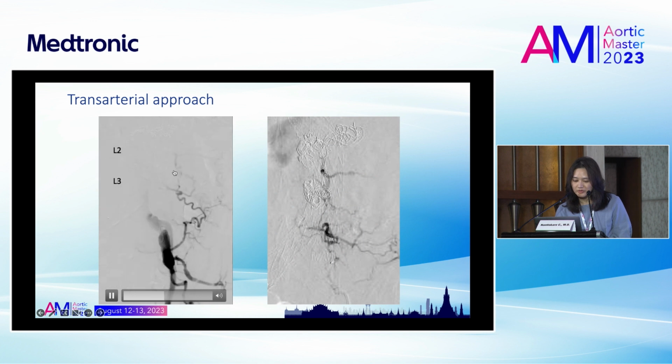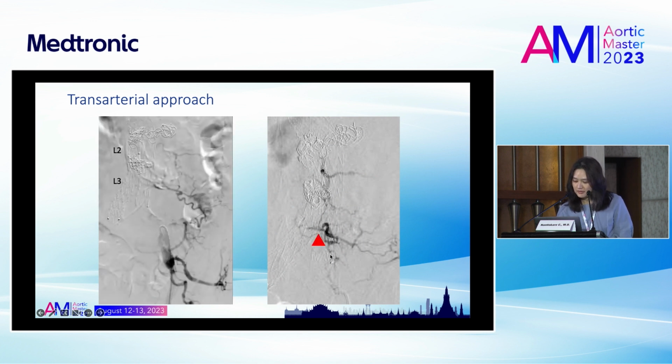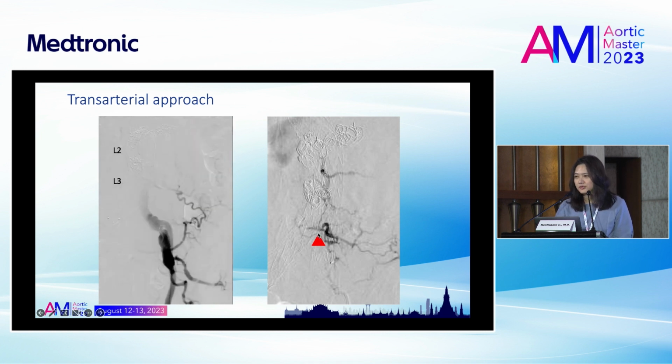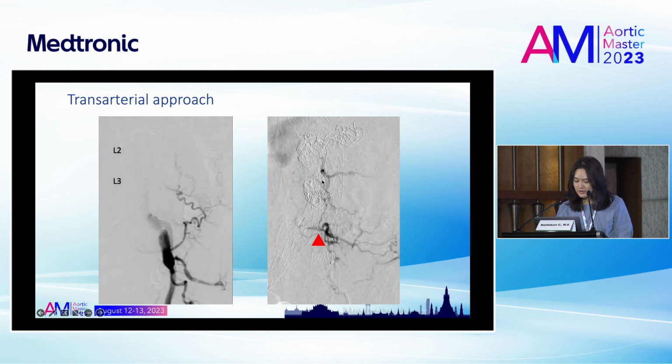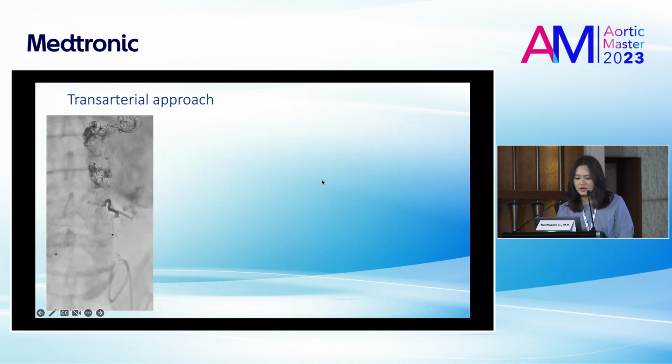And you can see the flow direction is from L2 downward to L3. But the furthest microcatheter position that I can get is at the L3 level. So if I use glue at this position, it won't reach the target at the L2 level. So I decided to use Onyx in this case.